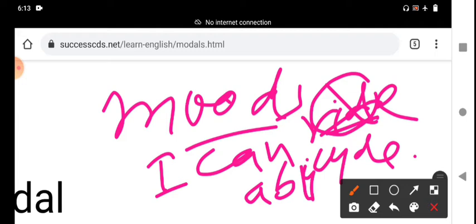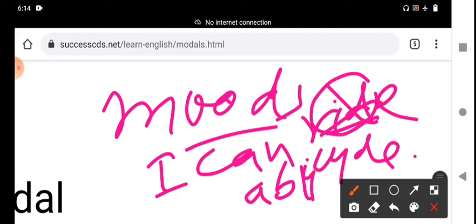No, it is not a meaningful sentence. "I can drive a car." "I can a car." Does that sentence have meaning? Grammatically it is a wrong sentence, wrong usage. That means pure modals always need a main verb after them.